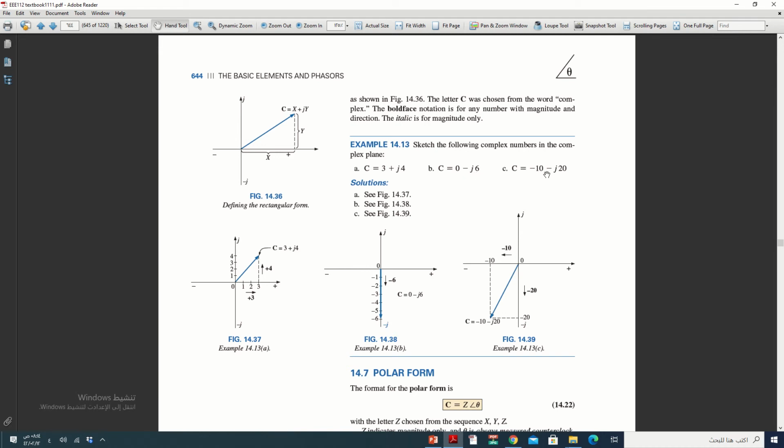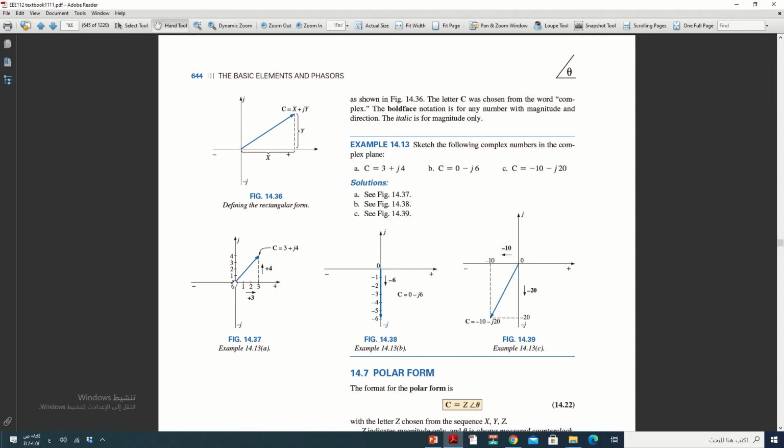Last one, minus 10 minus j20. Let us see, for example, 3 in the real number, 1 2 3 on the real axis, and then you can go for imaginary. If it is not plus j4 but minus j4, you can go down, and then you draw the resultant between them.